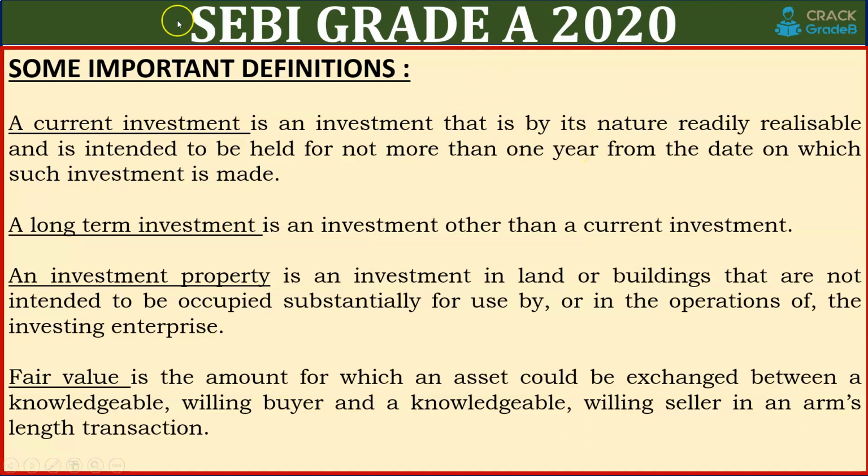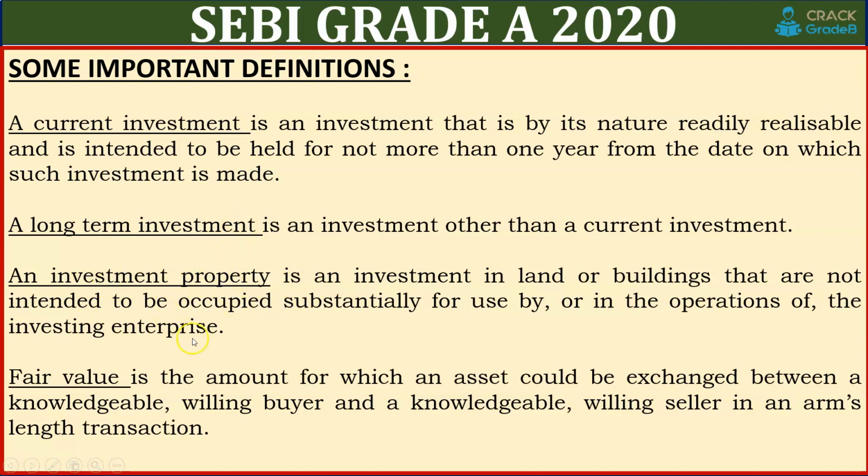What is written over here is that a current investment is an investment that is by its nature readily realizable, that means we can realize it whenever we want, and it is not intended to be held for more than 1 year. So within 12 months from the date of holding it, it should be realized. A long-term investment is an investment other than a current investment. So whatever is not a current investment, everything else is a long-term investment.